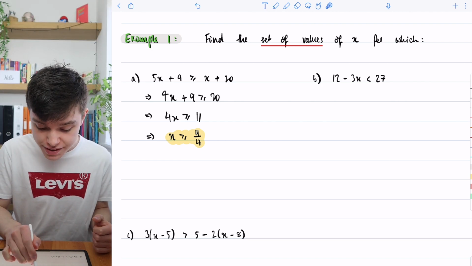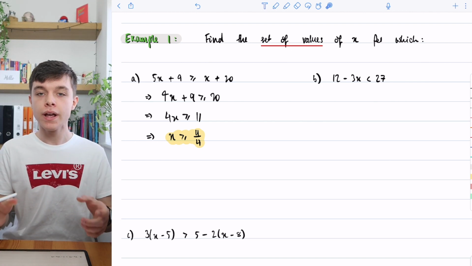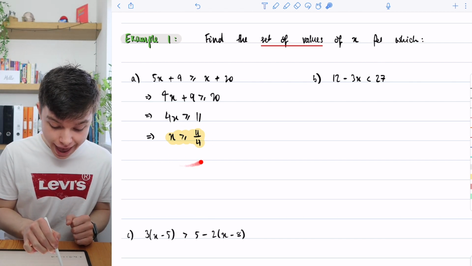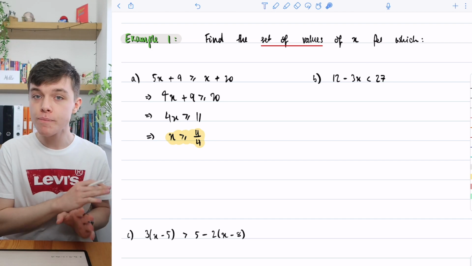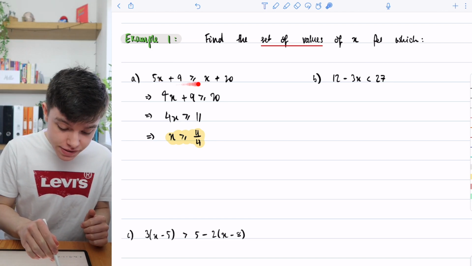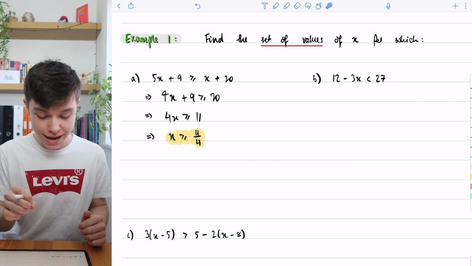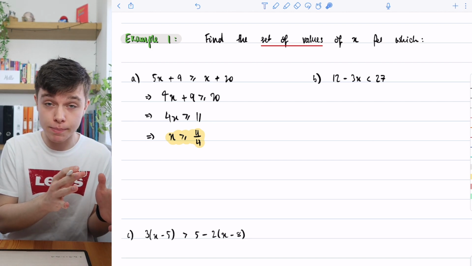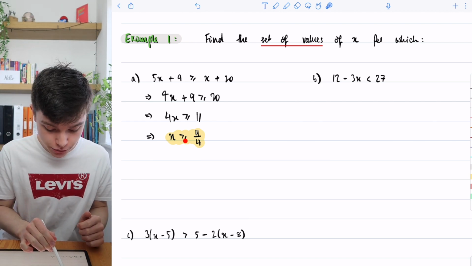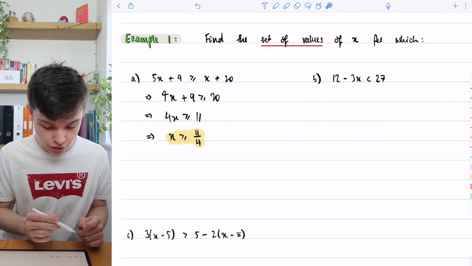Now remember, we want the set of values here. The set of values means that if I substitute x being 11 over 4 or anything greater than that, the right hand side will be greater than the left hand side, or it could be equal. It will be equal if we substitute 11 over 4 in.